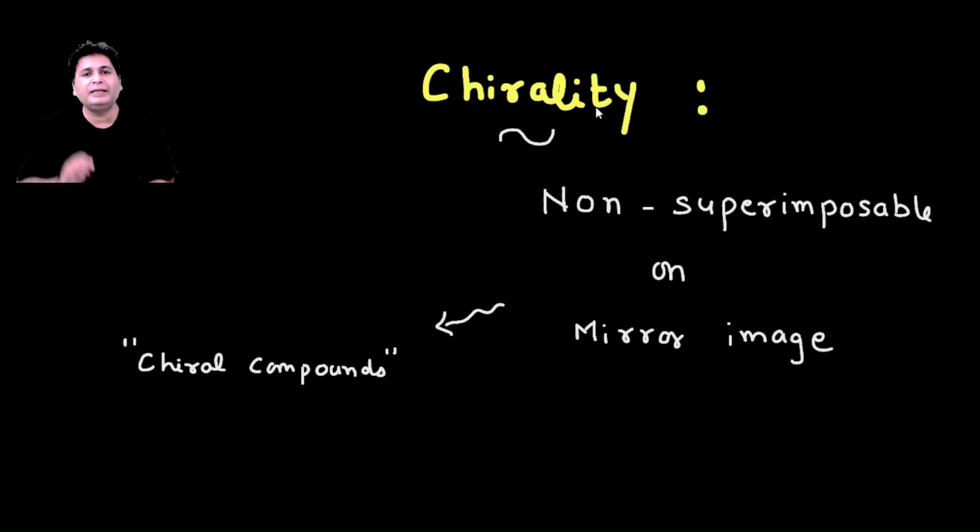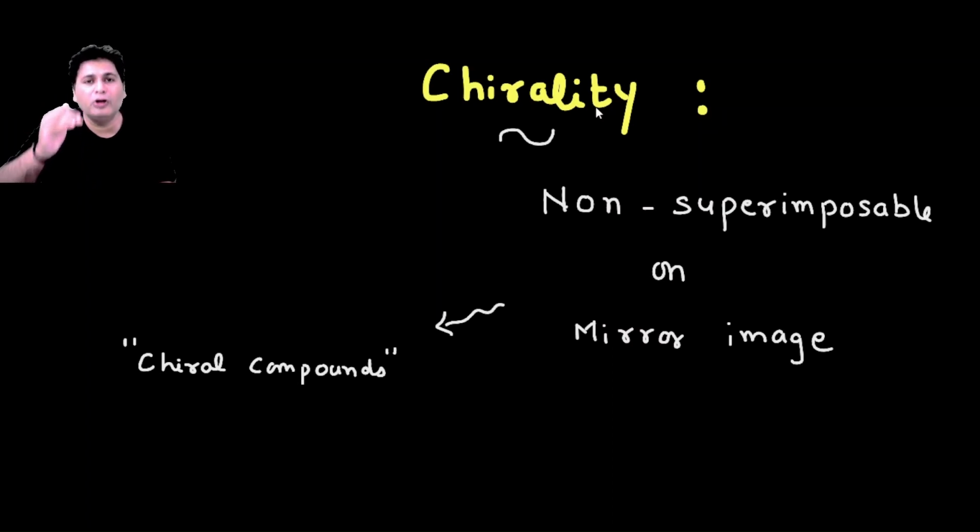So chirality means non-superimposable on its mirror image.